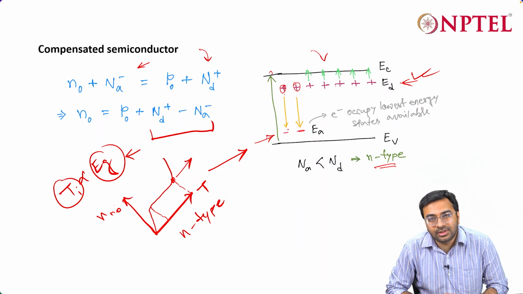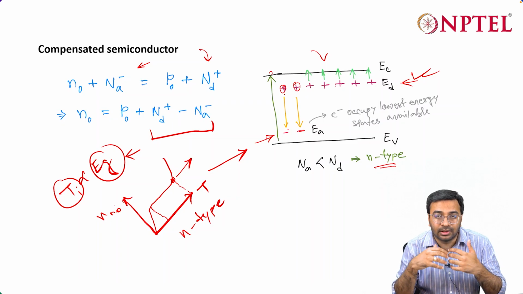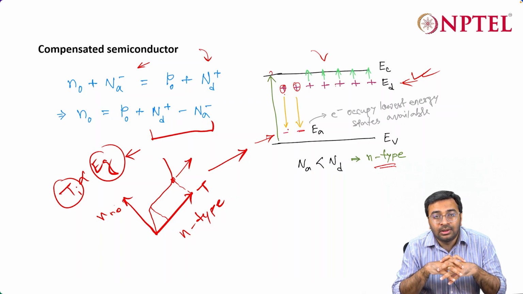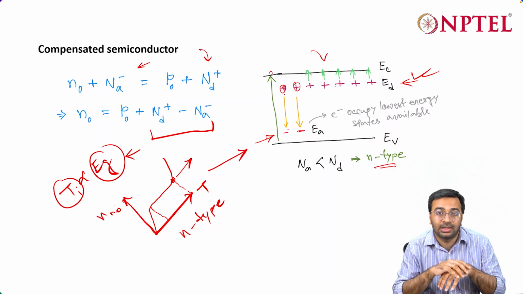So far we have seen what intrinsic temperature is, how it is defined and why it is important. At the same time, we also have seen the position of the Fermi level in an extrinsic semiconductor, and why this Fermi level is not placed right in the middle like in an intrinsic semiconductor.